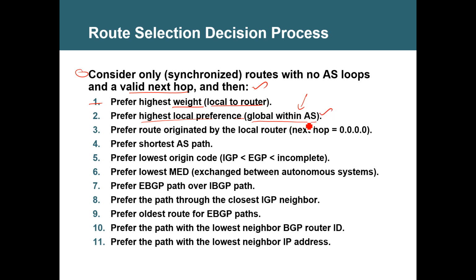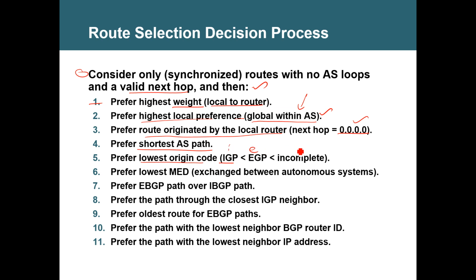If there is a tie in this, then it goes to the local origin. Is this network also local in the same router? Then it prefers that over going with the other neighbor. If there is a tie, then it picks the path with the shortest AS path, fewest AS hops. If both neighbors are giving me the same number of hops, then it goes with the lowest origin code.